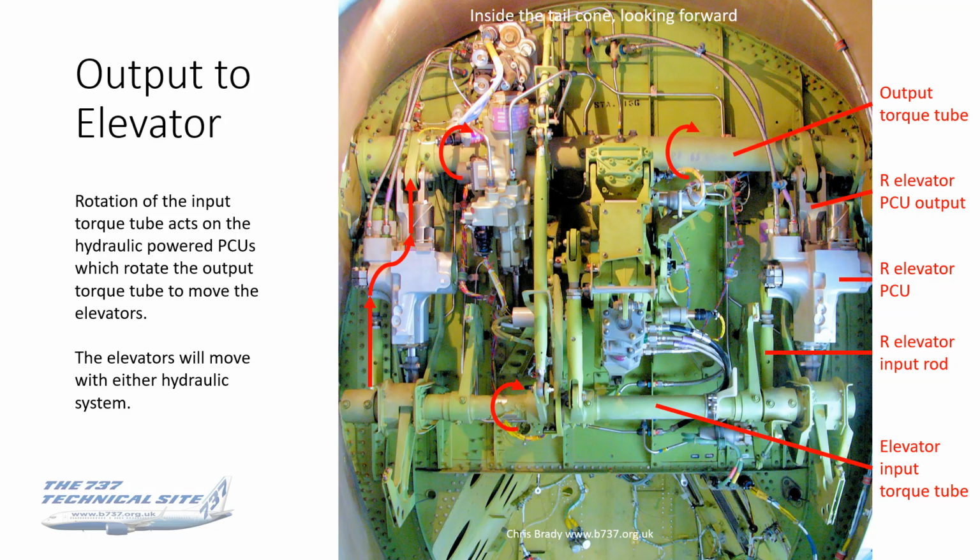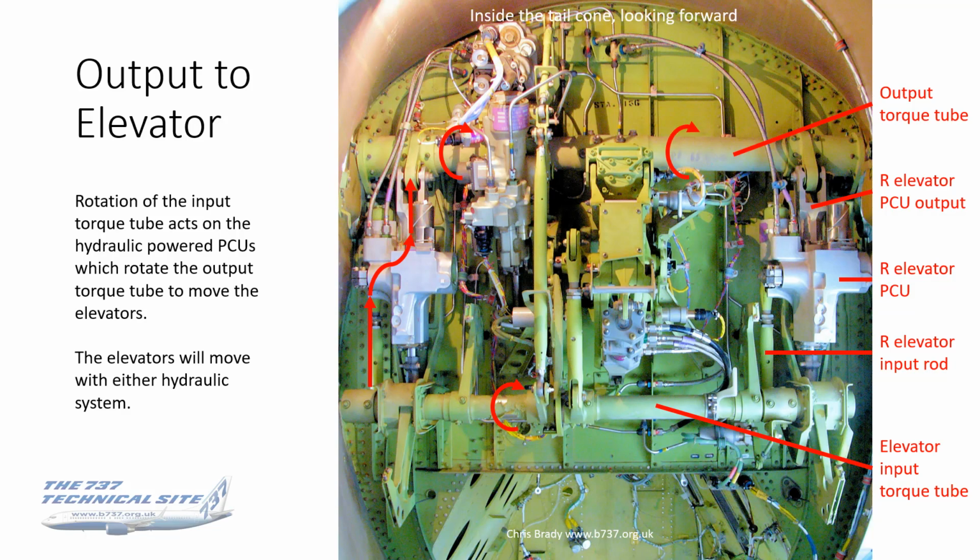There is then a rod, one on each side, out on the outboard section there for your left and right elevator inputs. They go up to the PCUs, which you can see sort of center picture. The PCUs are hydraulically controlled, so they take that manual input and magnify it.